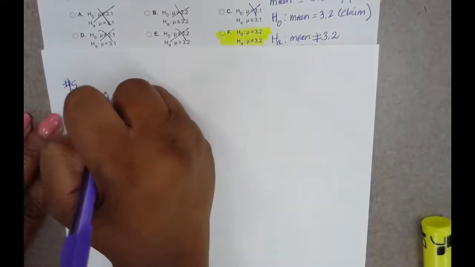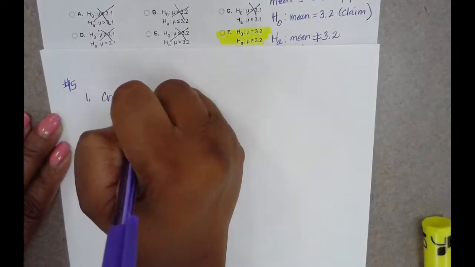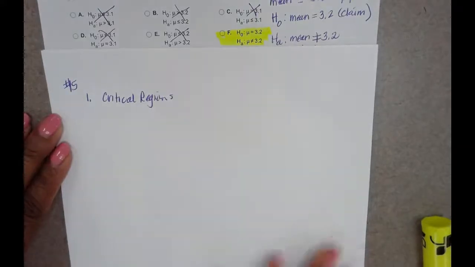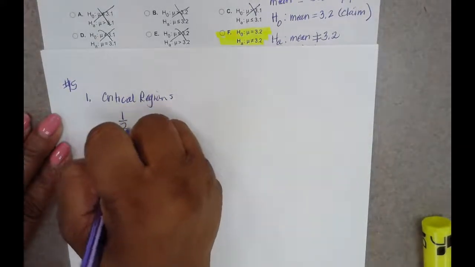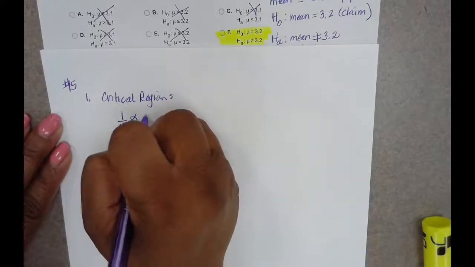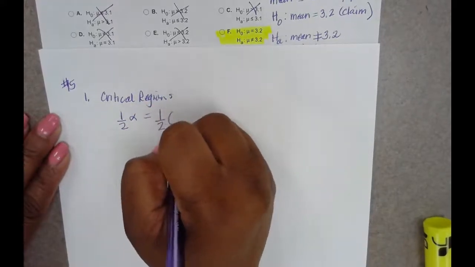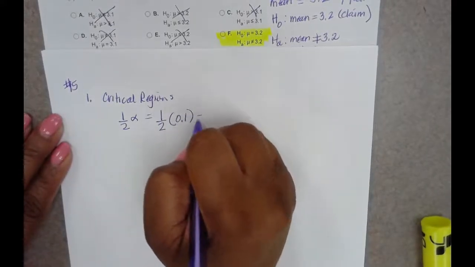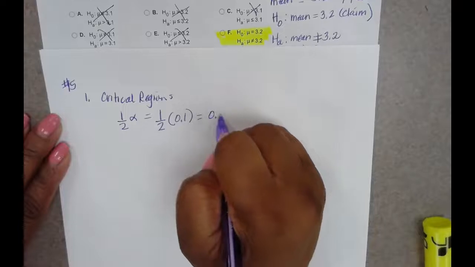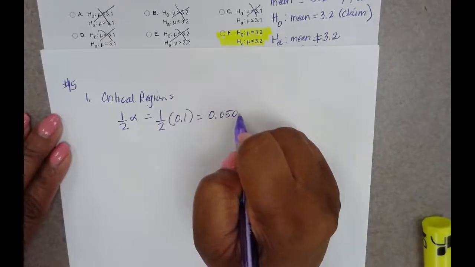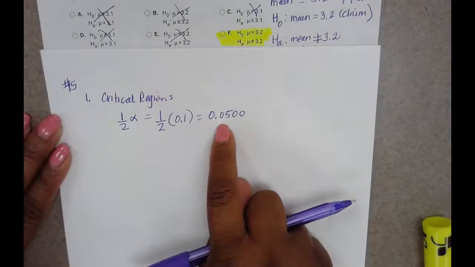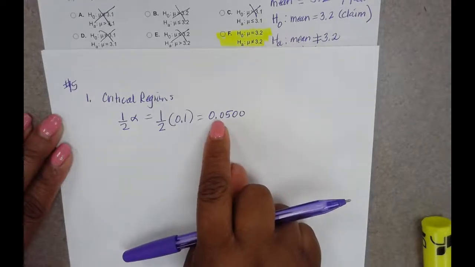So let's find our critical region. We do that by taking half of the level of significance. In this case, 1/2 of 0.1, which is 0.05, and I'm going to write that with 4 numbers. So I'm looking for this value in my table. Let's go find the other end, because it's on the left.